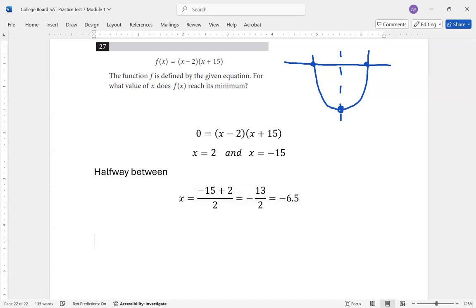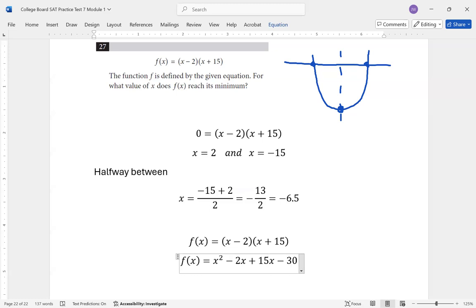Now the other option for finding the x value of the vertex is the more direct option, where we multiply out the x minus 2 times the x plus 15. We rewrite that. What's going to happen is we'll get x squared minus 2x plus 15x minus 30.